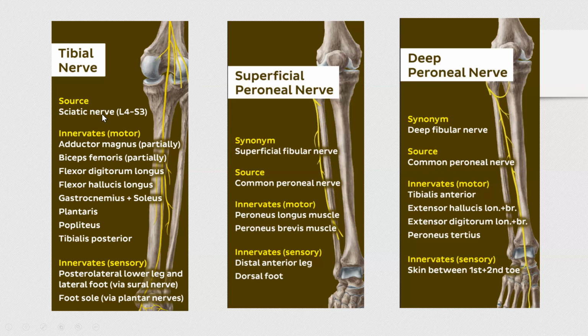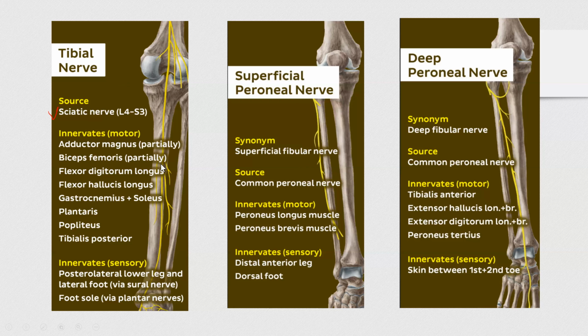Well, they call it the sciatic nerve, but okay, the sciatic nerve is made of two nerves, tibial and common fibular nerve, really. So yes, this book tells us that it's the sciatic nerve that innervates, but it's the tibial nerve that innervates the posterior compartment of the thigh and leg.